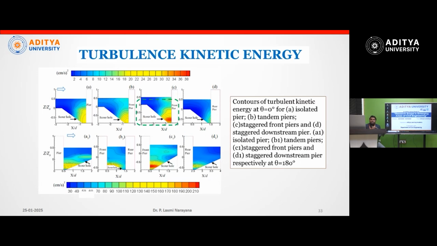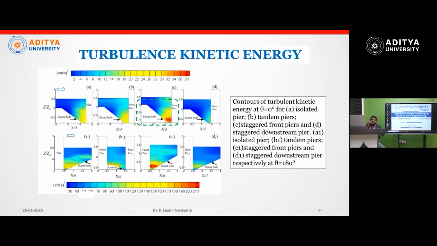And turbulent kinetic energy means how much energy is present in the fluctuation components. That energy is nothing but the turbulent kinetic energy. Both are interrelated, turbulent intensity and kinetic energy. Intensity is only saying that okay, it's very dangerous, but how much energy it is, that quantification or magnitude will be given by the kinetic energy only.